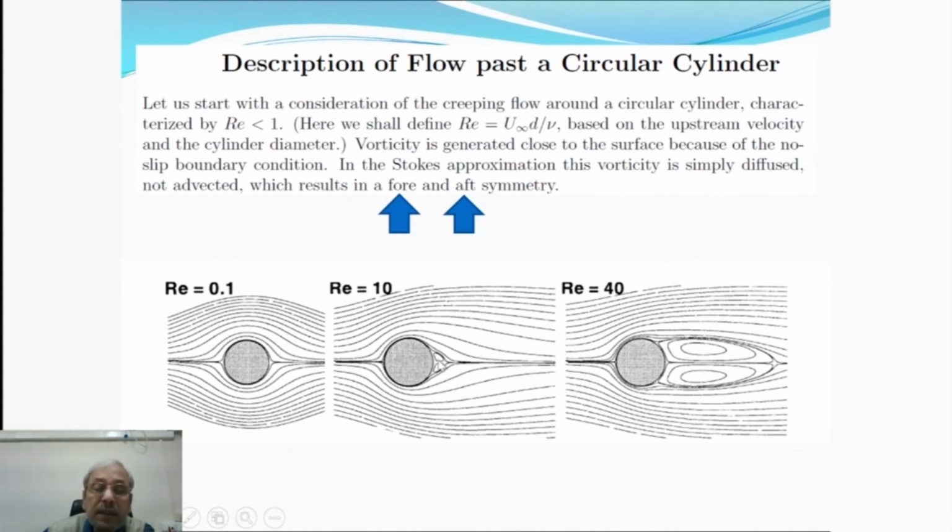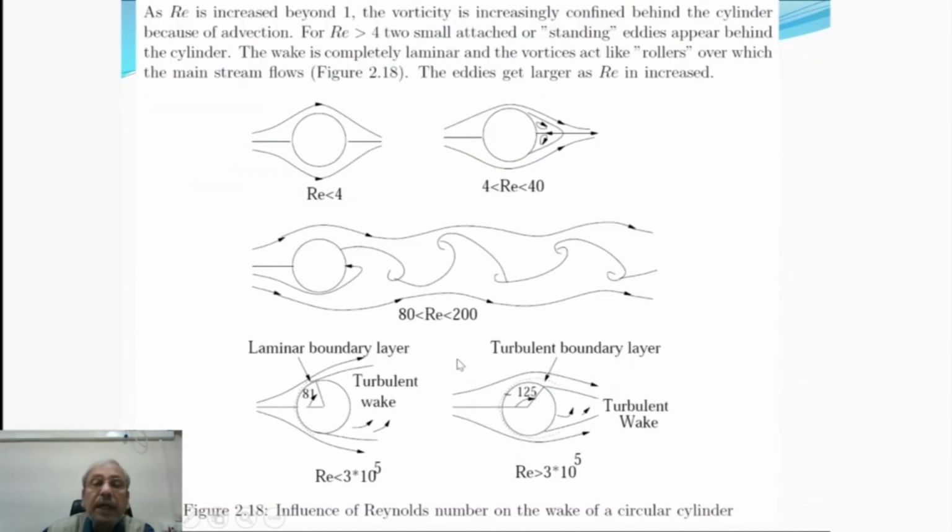This is just the onset of formation of vortices. As the Reynolds number is increased beyond 1, the vorticity is increasingly confined behind the cylinder because of advection.